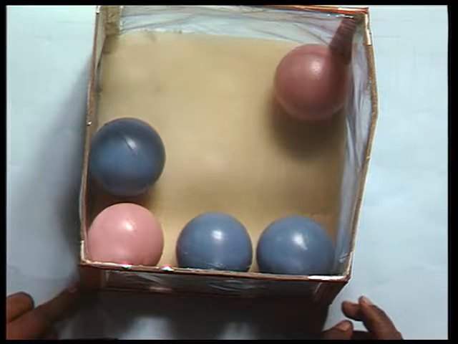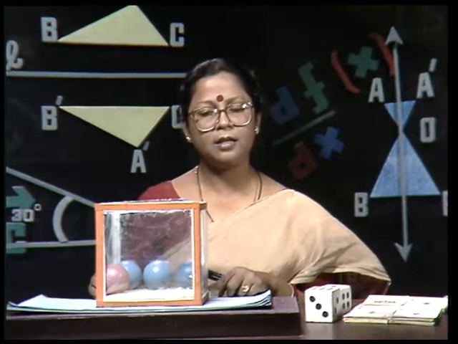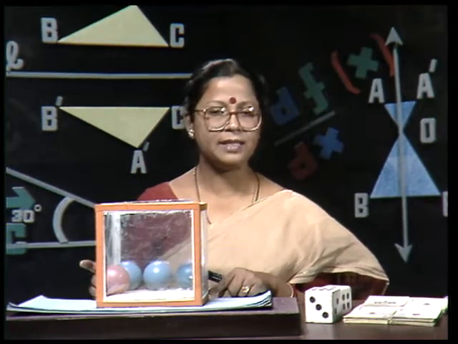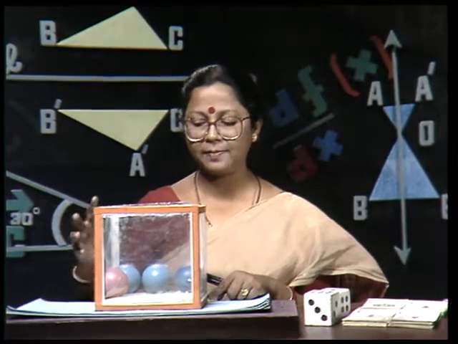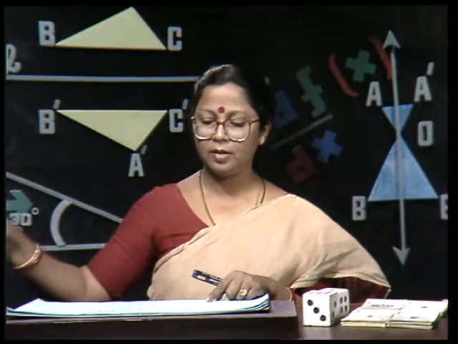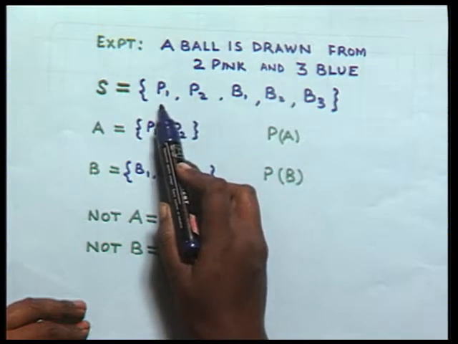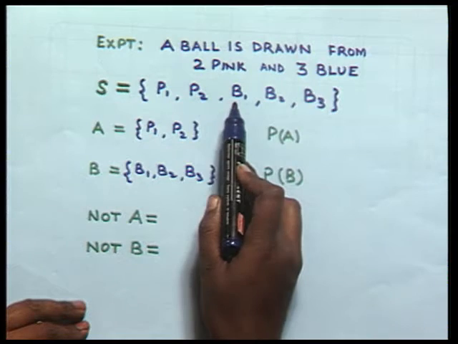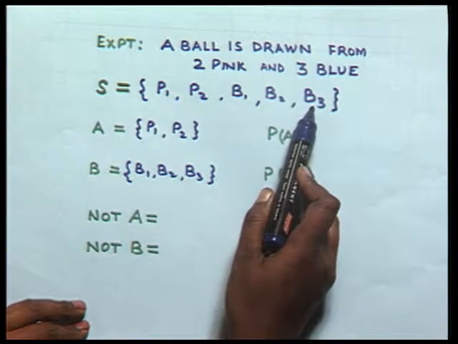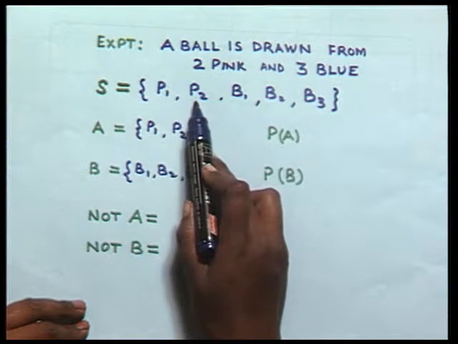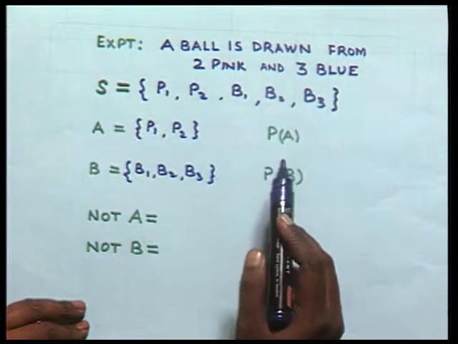The experiment is to pick up a ball from this container. So, the sample space will contain all the 5 elements as the outcome, that is P1, P2, B1, B2 and B3, that is these are the 2 pink balls and the 3 blue balls.